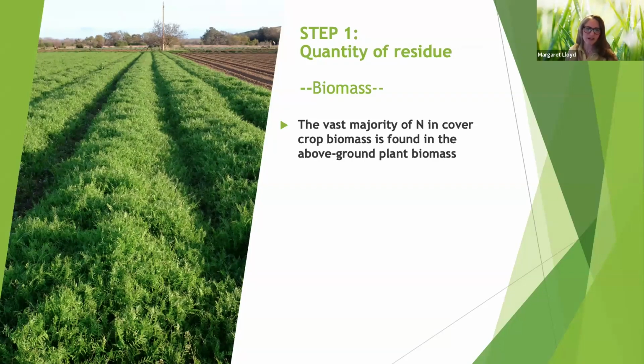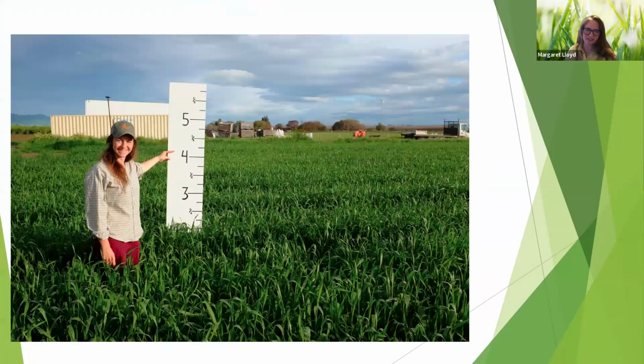The vast majority of nitrogen in our cover crop biomass, whether that's a cereal crop or a legume, is in the above ground biomass. So everyone take a look at this crop here. In the chat, I would like you to drop in how much material is out there per acre. What's your guess?